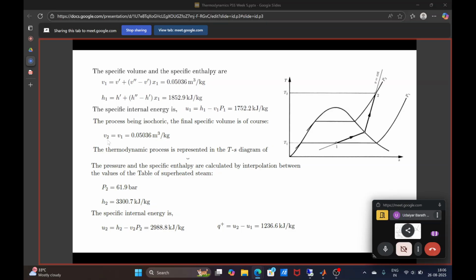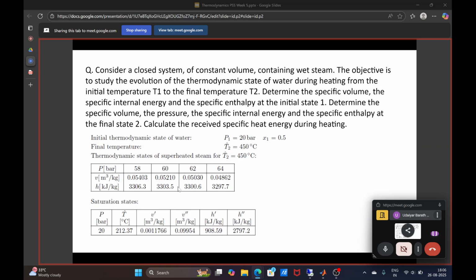So V2 is equal to V1, which is 0.05036, as we found. Substituting for 450 degrees Celsius, by interpolation we will find that the corresponding specific volume lies between 62 and 60.